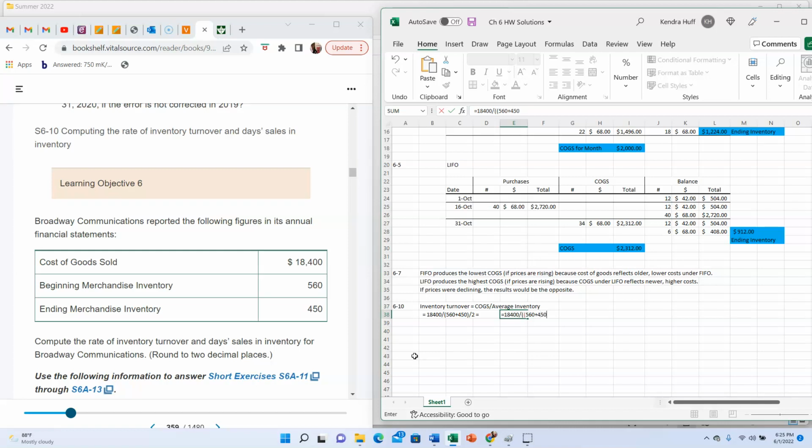You have to be careful with parentheses in Excel and your mathematical equations because in your mind you know what you want to do, but Excel follows the mathematical hierarchy, and if you don't use parentheses correctly, it'll mess up.